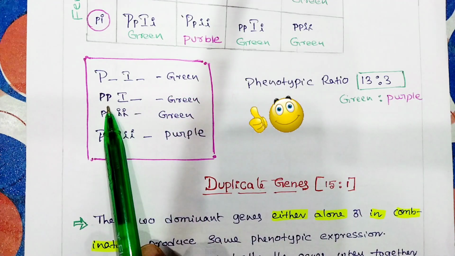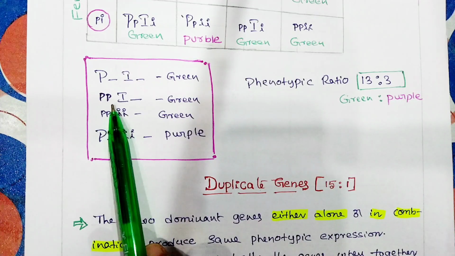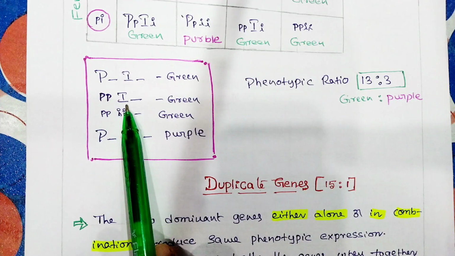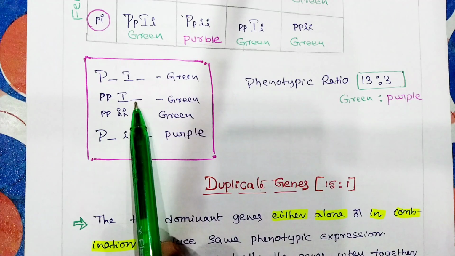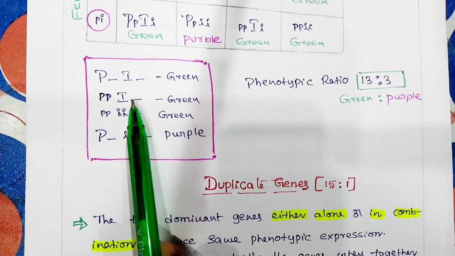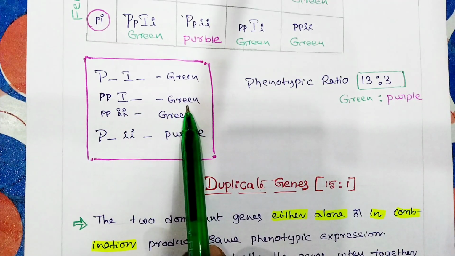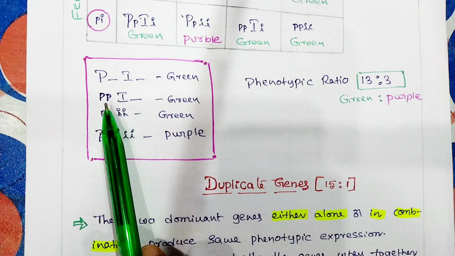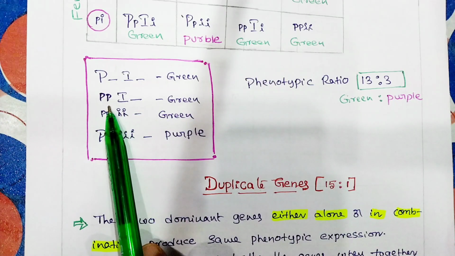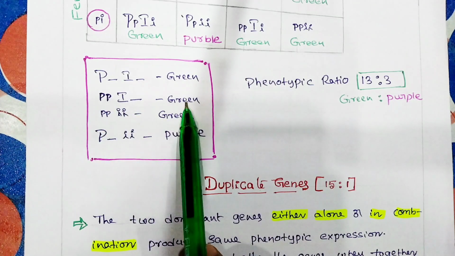The second situation is when small p is present with capital I. Whether you have capital I or small i, the phenotypic expression is green leaves. Why? Because there is no capital P, so small p is meant for green color.